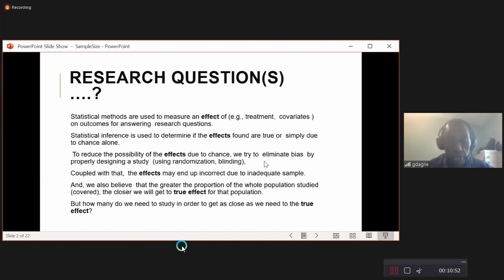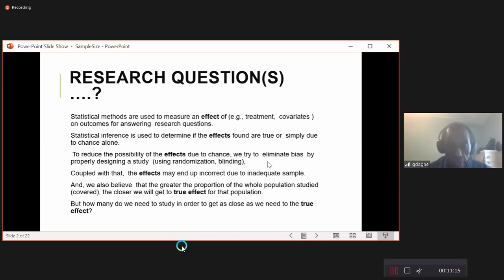And that is not enough by itself. Whenever I talk about randomization in sample size, as you know, it is about different types of designs. Some of them are probabilistic designs, some non-probabilistic designs, but those things are very important. So we use those randomization concepts to reduce that.